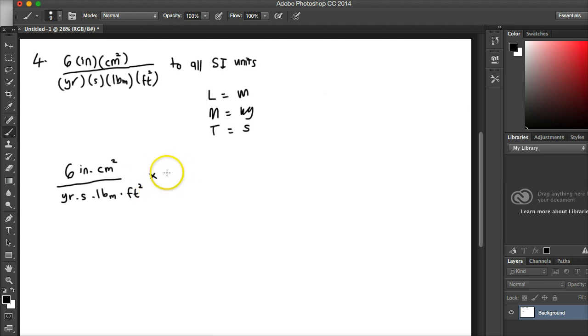So for inches to meters, from the conversion table, 1 meter equals 39.37 inches. And then for centimeter square, 1 meter equals 100 centimeters, and we have to square it.